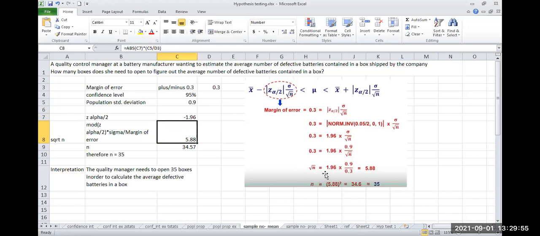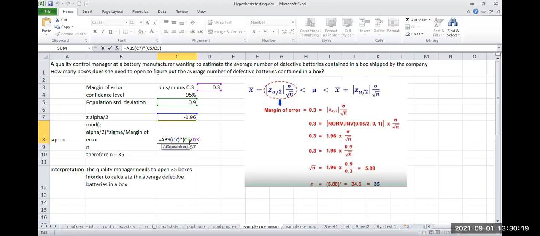Square root of n is equal to 1.96 into 0.9 by 0.3. The same thing I am writing over here in the formula. Absolute of minus 1.96, the value which we have calculated for Z alpha by 2, into your population standard deviation 0.9 by margin of error 0.3.